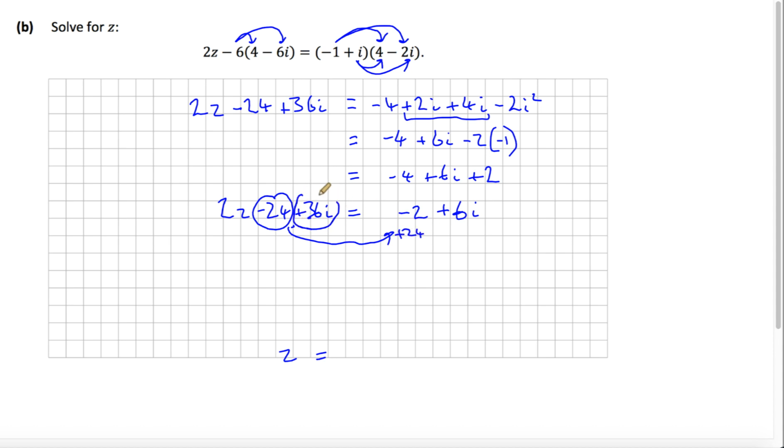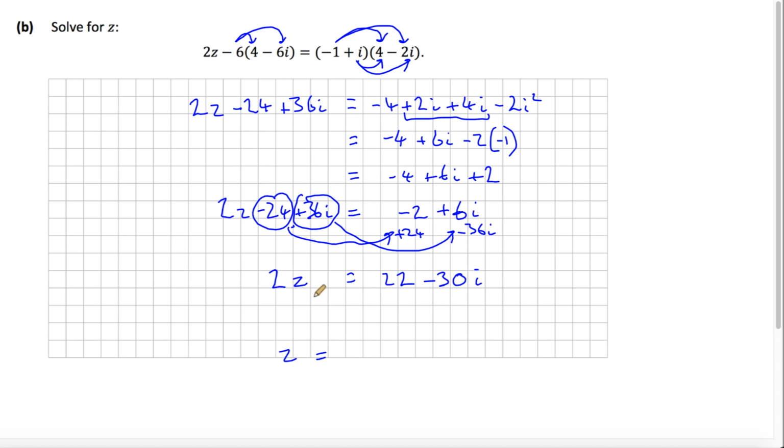And you can bring this over here, and that will become minus 36i. So you can combine them with these components then. So you've still got 2z on the left equal to 24 minus 2 is 22. 6 minus 36 is minus 30i. So 2z is 22 minus 30i.